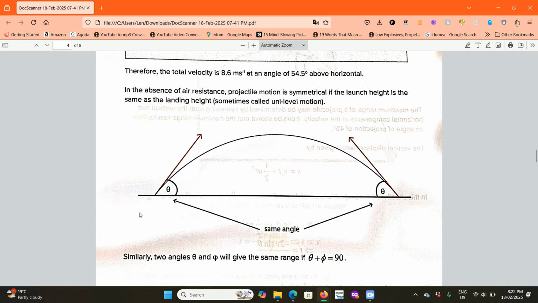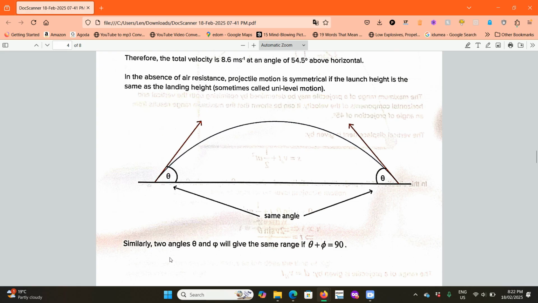Okay, so in unilevel motion, this angle and this angle are the same. Okay, similarly, two angles, theta and phi, will give the same range if theta plus phi equals 90.